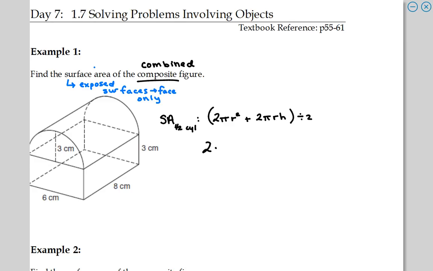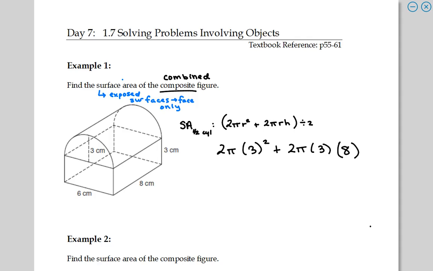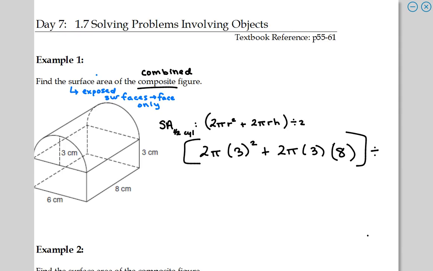Alright, so we have 2 pi. The radius of that cylinder would be? Good. Very nice. 2 pi, the radius would be 3, and the height of that cylinder is? Very nice. I heard 8 a couple times. That's excellent. Let's get that answer, and then once we get that answer, we will, of course, divide by 2. So get the answer first. That's in the brackets. Do the brackets first. Get the answer, divide by 2.